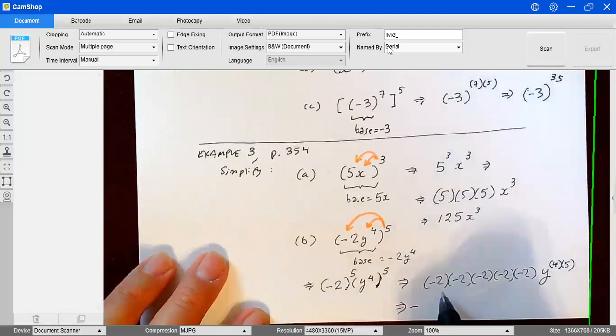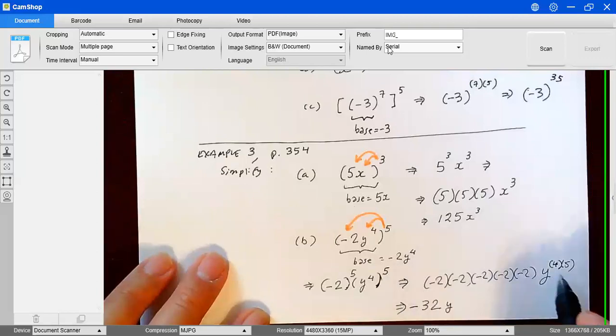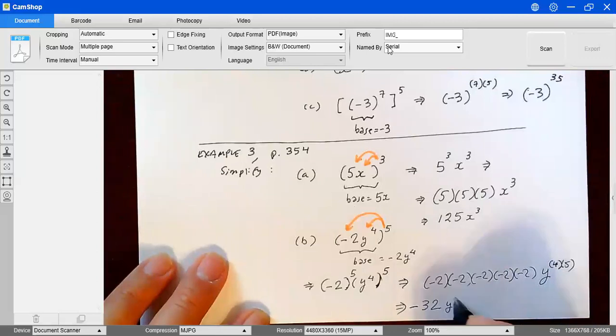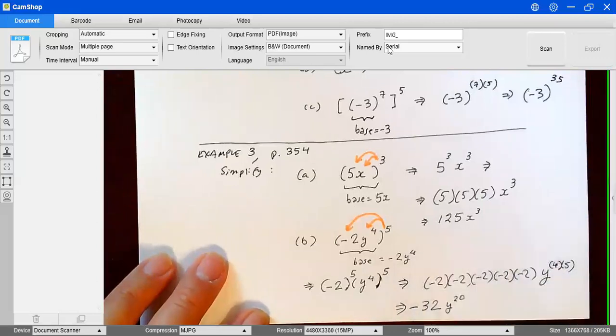Then 2 times 2 times 2 times 2 times 2 is 32. And finally, y is raised to the 20th power. So that is the answer for this example.